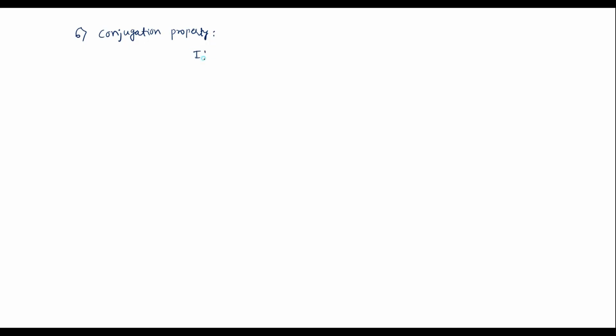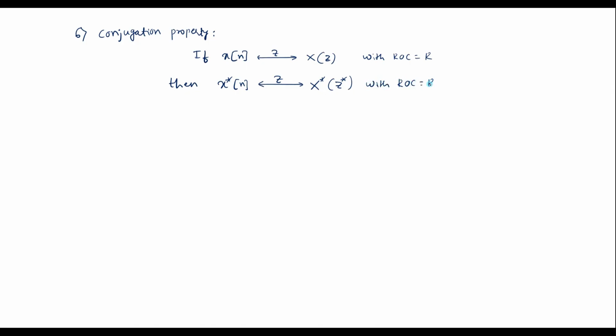This property says that if the Z transform of any discrete signal, say x(n), is X(z), then the complex conjugate of x(n), that is x star of n, has Z transform X star of z star, with ROC equal to R.